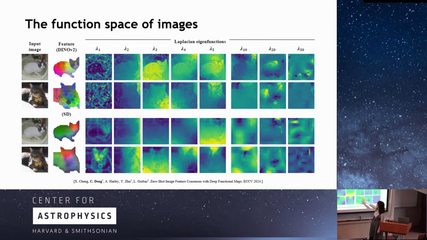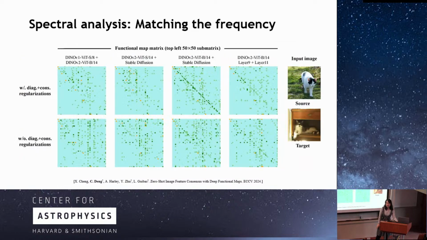On the right are the spectral decompositions of these network features, where you can see the eigenvalues of lower frequency, the first couple of indices, and here are the higher frequency ones. With this spectral decomposition, we can compute the linear maps between the spectral sequences of two images. Here are the source and target images. We want to analyze the correlation between these two images.